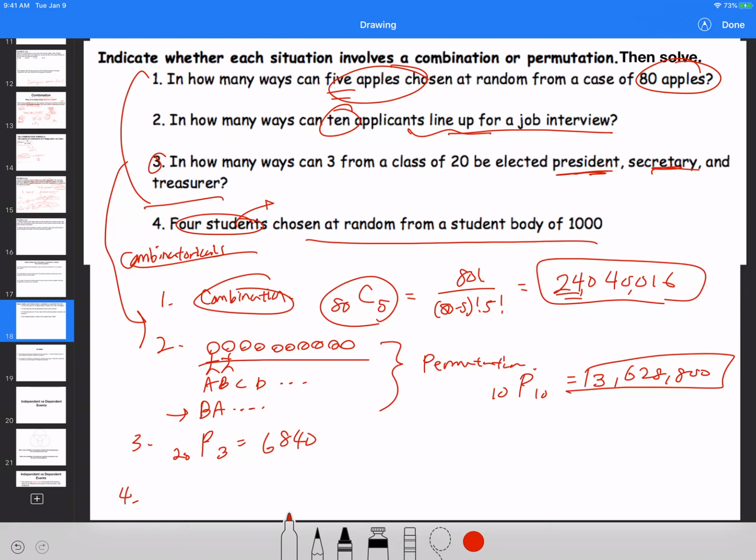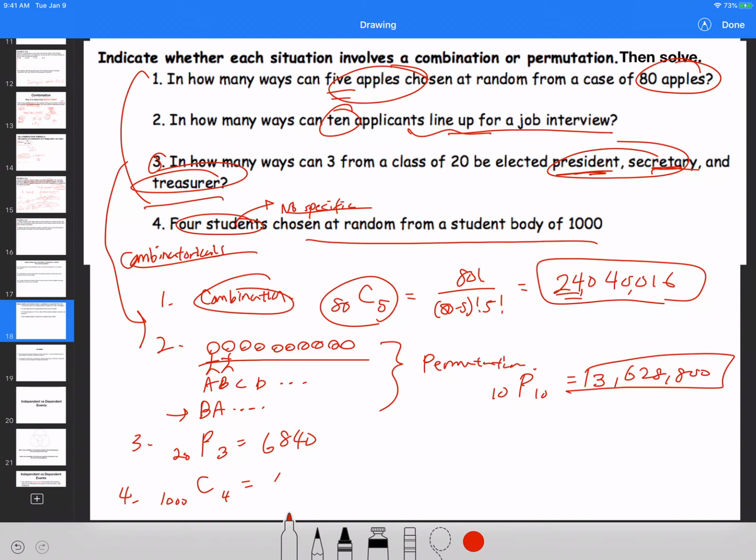Last one, 4 students chosen at random from a student body size of 1,000. There is no specific role in which these 4 students have to be grouped, so it's a combination problem. Out of 1,000 people, you're choosing 4. Imagine I have a group of a thousand kids, and I'm telling them to get in a group of 4.